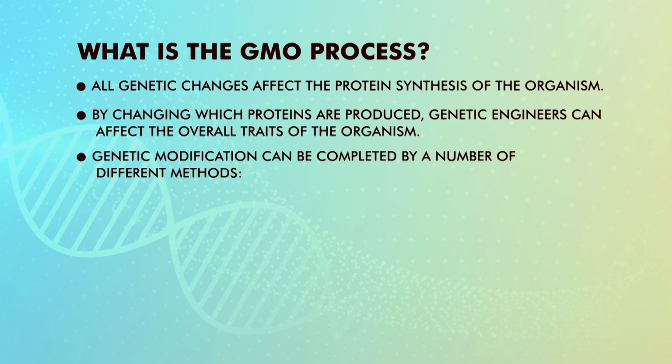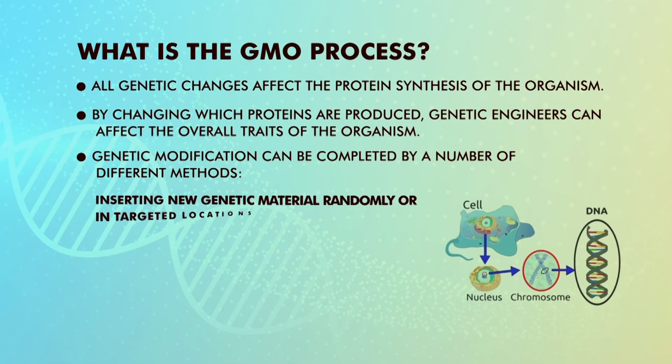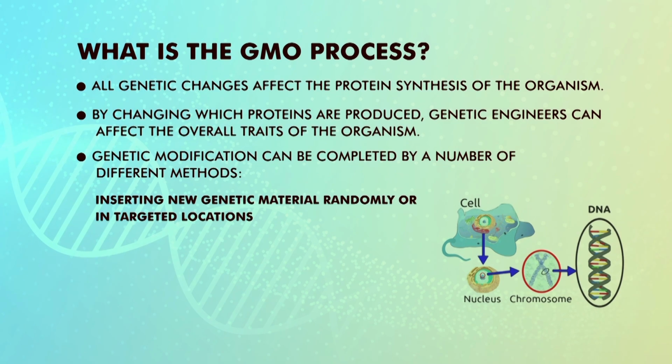Genetic modification can be completed by a number of different methods, which are as follows. Either new genetic material can be randomly inserted, or it can be inserted at a very specific, targeted location. The second method involves the direct replacement of genes.